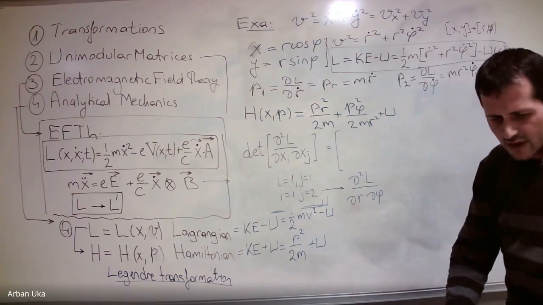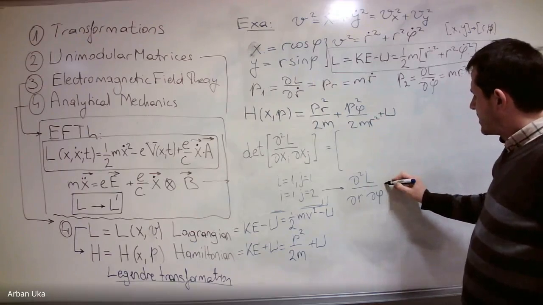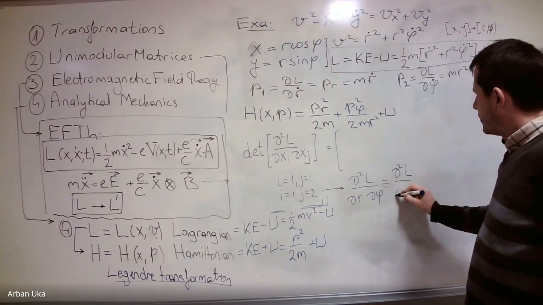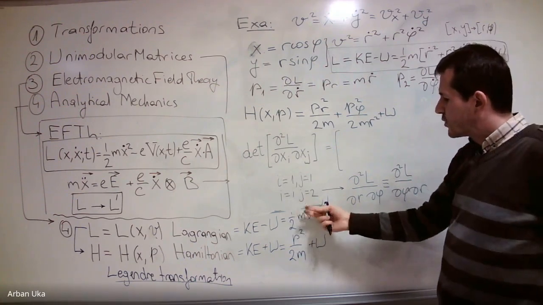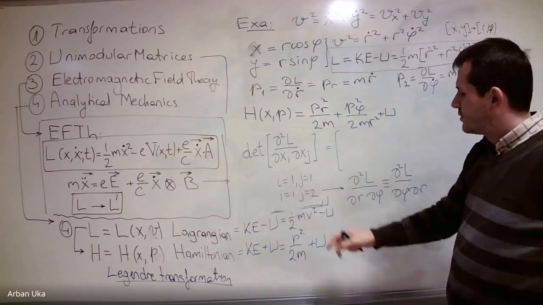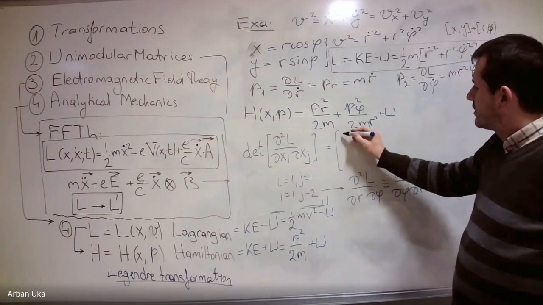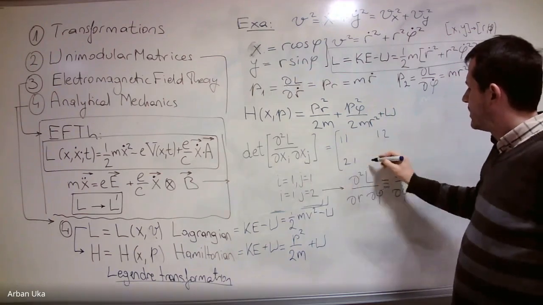It's not true for every function, but the derivative has this one. So this is equivalent to the second derivative of L with respect to phi and then r. It's like in programming, you are shifting all the possible different possibilities. So this is 1,1, this is 1,2, this is 2,1, and this is 2,2.